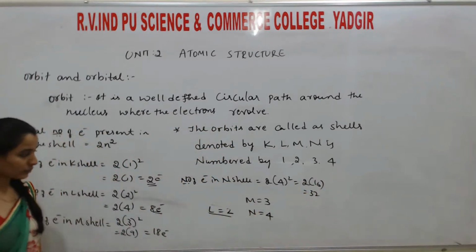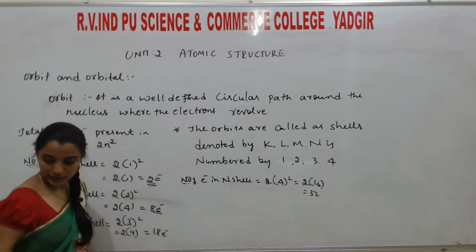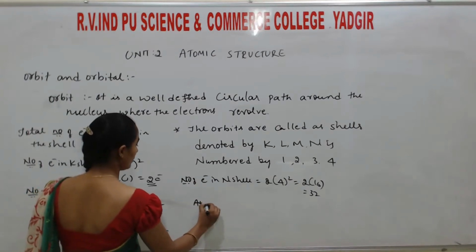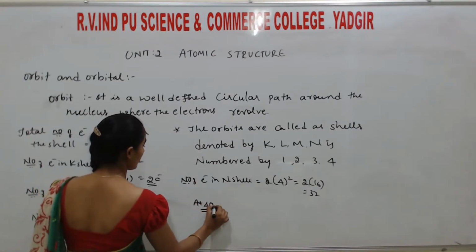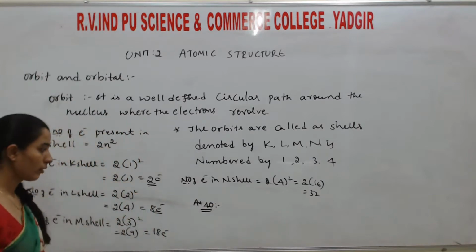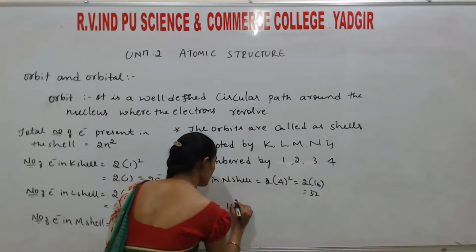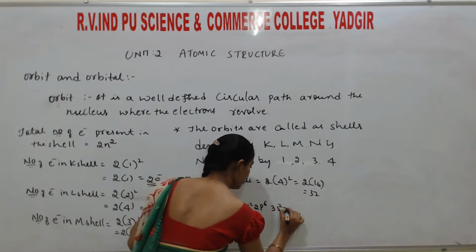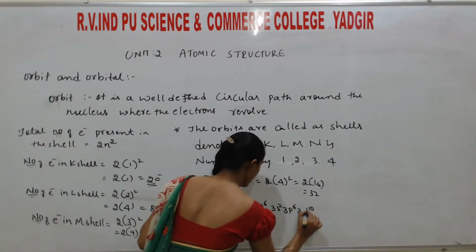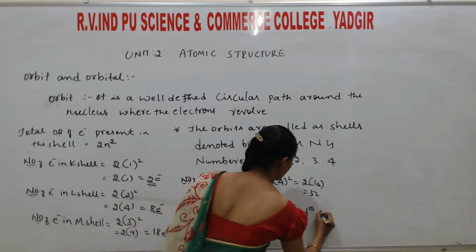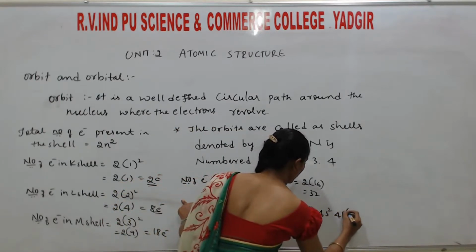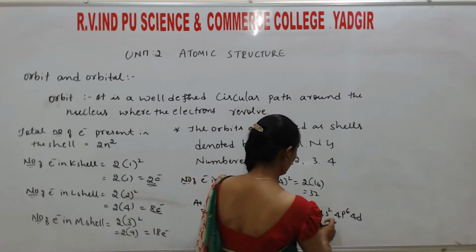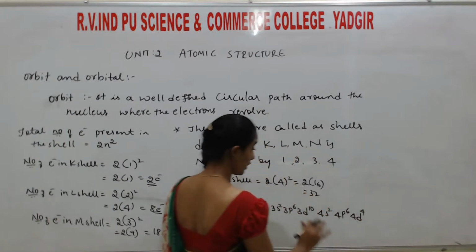So students, for example, I will take atomic number 40. Okay, so listen, 1s2, 2s2, 2p6, 3s2, 3p6, 3d10, 4s2, 4p6, 4d. Remember this exercise.